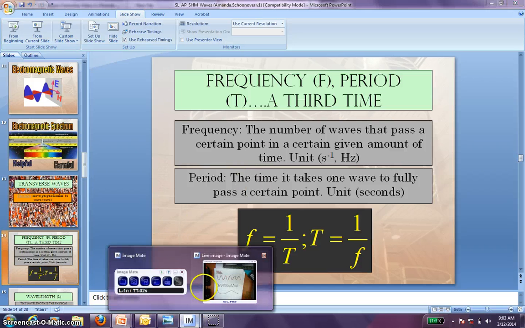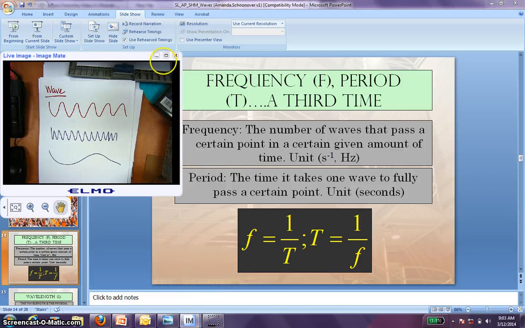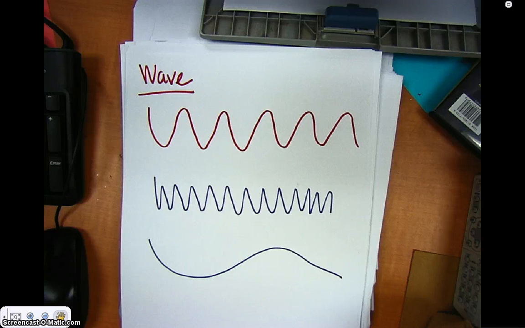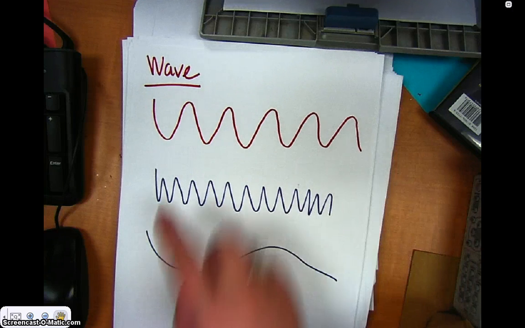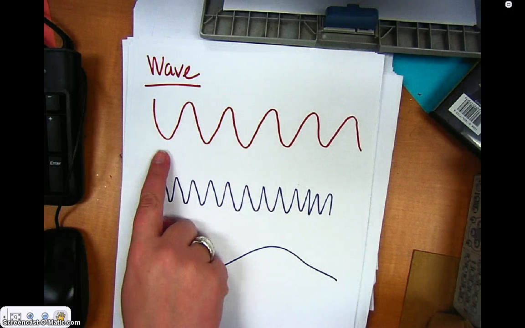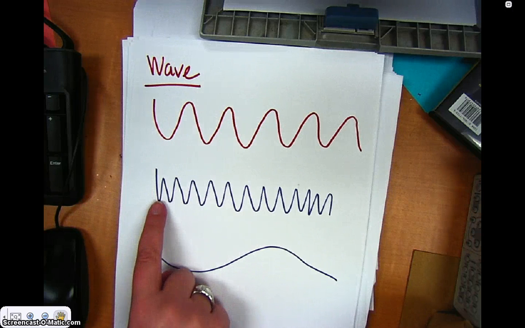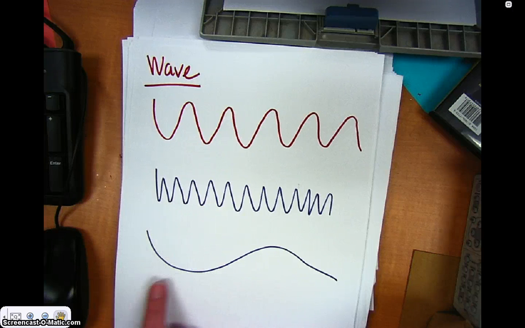Now, if we just take a really quick look at the ELMO here, I have 3 different wave examples. You can see that if I were to watch at this point and this wave would go by, it would have an intermediate frequency, whereas this would have a very high frequency because a lot of waves would go by in the same period of time, where this would have a relatively low frequency because less waves would go by in a time.